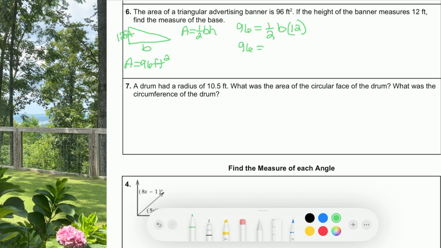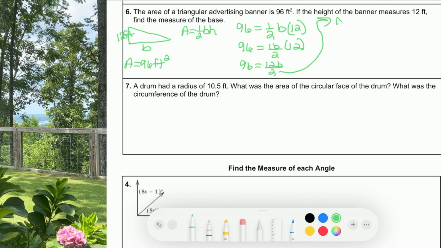So 96 equals 1/2 times 12, or actually, let's just go ahead and multiply 1/2 times b. So we end up with 1b over 2 times 12. Let's do it that way. 96 equals 12b over 2.